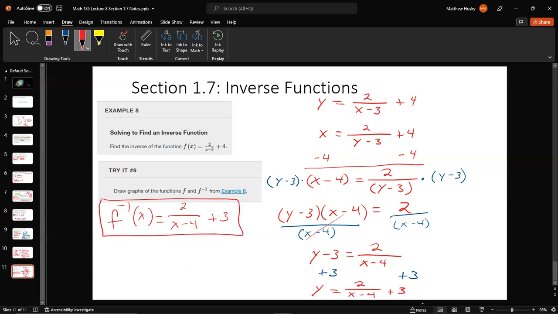All right, I'll graph those in a minute, but I'll leave that up there for a second, just in case anyone's playing catch up here. But that is finding the inverse function.